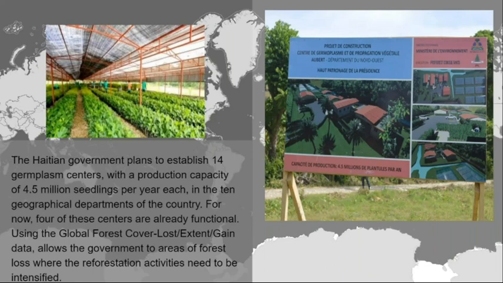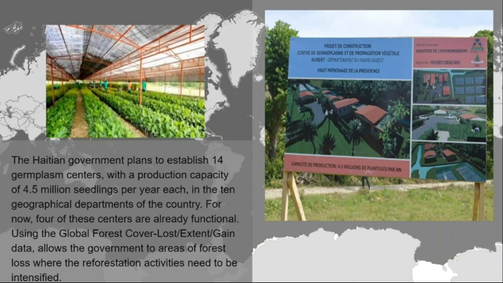The Haitian government plans to establish 14 germplasm centers with a production capacity of 4.5 million seedlings each in 10 geographical departments of the country. For now, 4 of the centers are already functional.